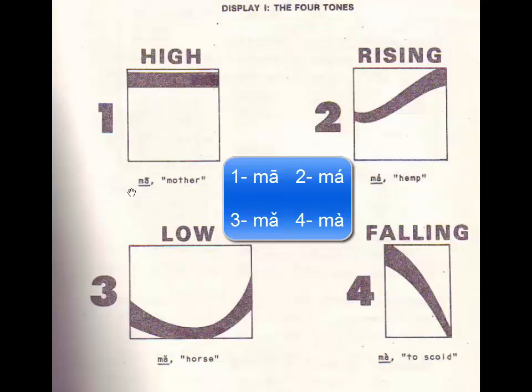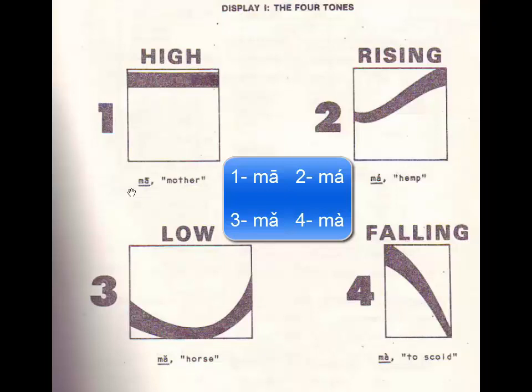Try saying the high-tone word mother and then repeat after the speaker. Notice that the tone mark in the romanization suggests the level contour at least, if not the high pitch. Try saying mother again and repeat after the speaker.